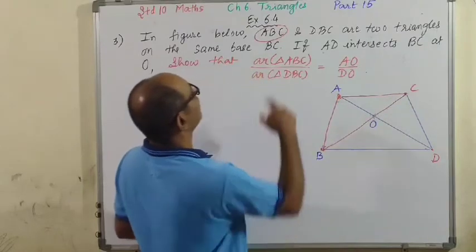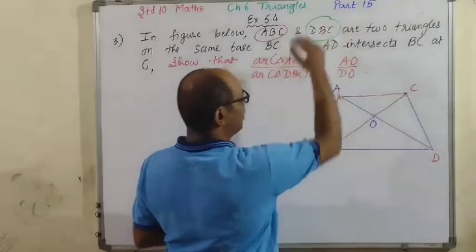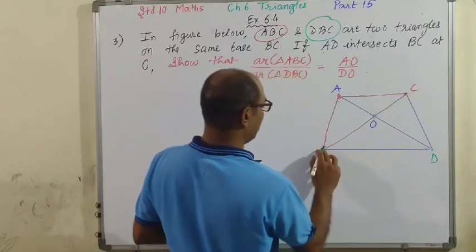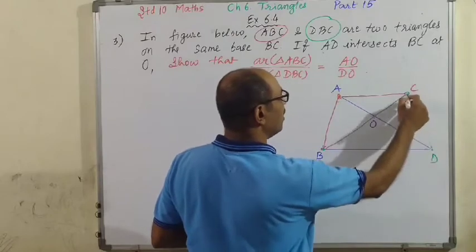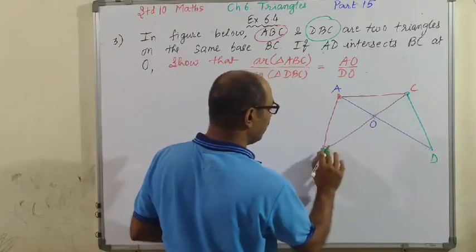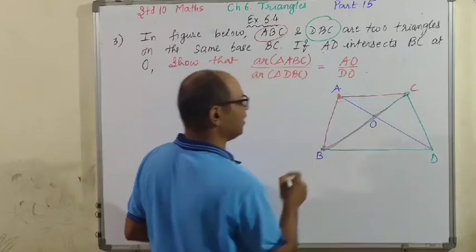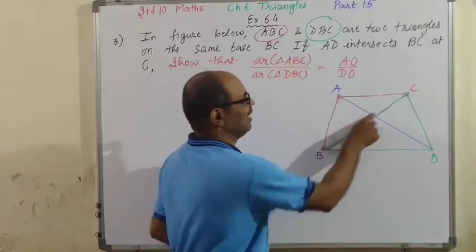Alright? Triangle ABC and triangle DBC. Where is D? Here. D. This is B and this one is C. So let me make it green so that we understand well. Yes. So we have red triangle and green triangle. Can you see red and green?